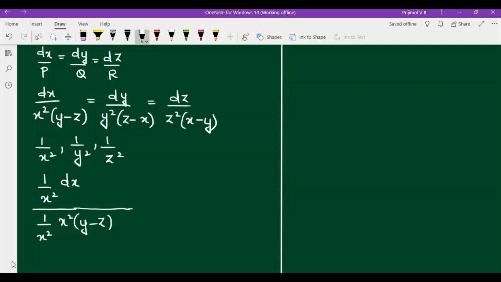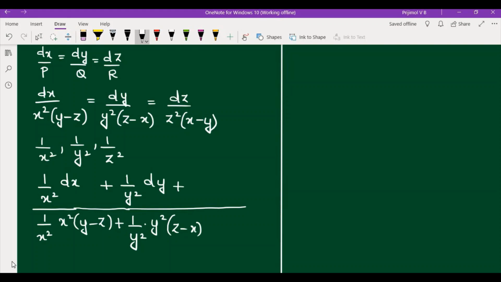And for the second ratio you have to multiply by 1 by y square, and then you have to add 1 by y square into z minus x, plus the third ratio you have to multiply by 1 by z square, and then add 1 by z square into x minus y. Okay, now you can see we can cancel the terms.